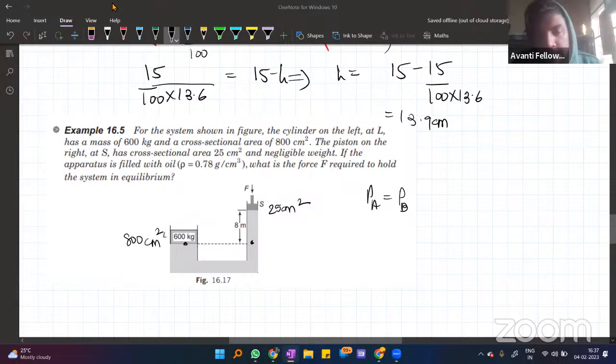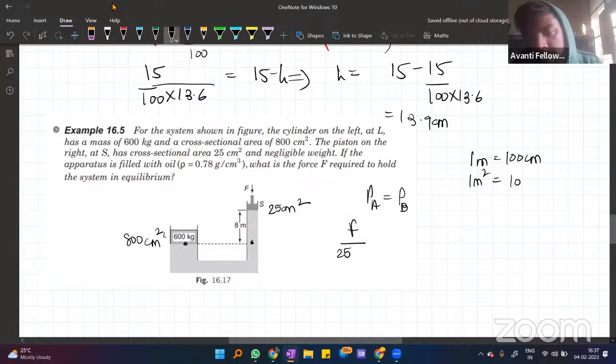Pressure at A will be external pressure, atmospheric pressure P naught. Now I think it's given to you that P naught ultimately gets cancelled out. So we just have to take the gauge pressure. Hopefully this is clear to you all. Take the gauge pressure, that will be equal to pressure at this point, that is force by area. Area is 25 centimeter square. 1 meter is equal to 100 centimeter, so 1 meter square will be equal to 10 to the power 4 centimeter square.